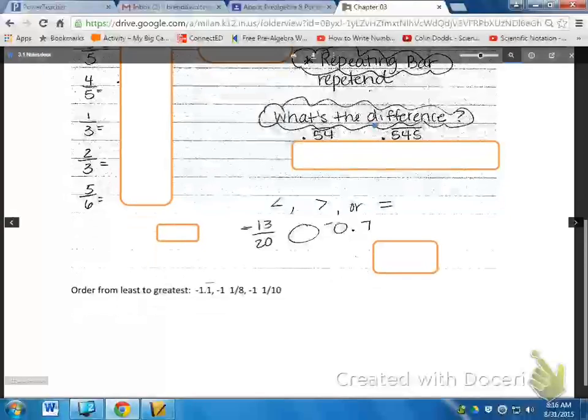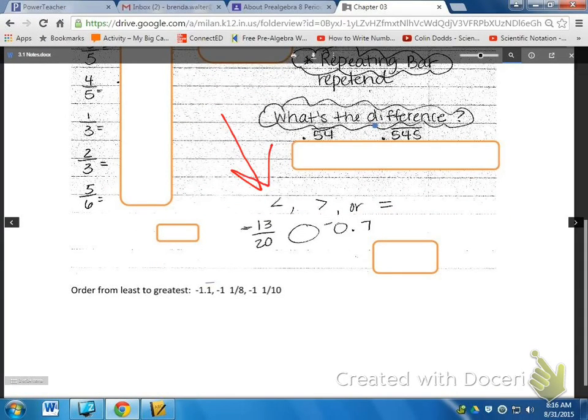Two more problems. This first one says less than, greater than, or equal to negative 13/20 compared to negative 7/10. So what you're going to have to do is put them all in terms of decimals to compare. So 13/20 you would have to change just like this.